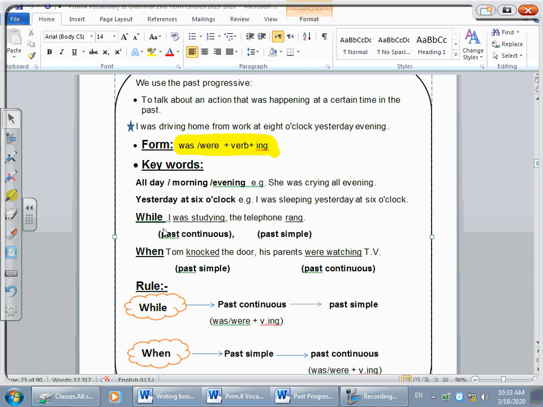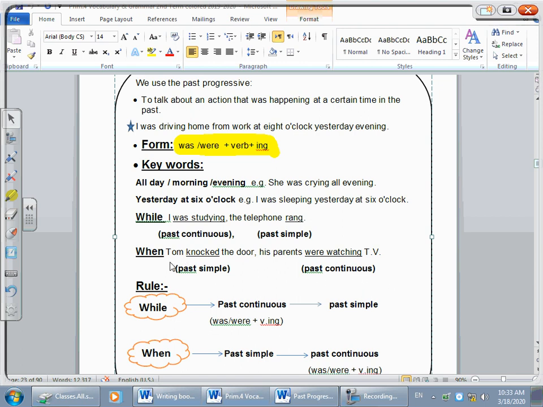And this is opposite to what will happen with when. When should be followed by a past simple tense, and then the other verb should be in the past progressive or past continuous. By the way, guys, past progressive has the same meaning as past continuous. Okay?